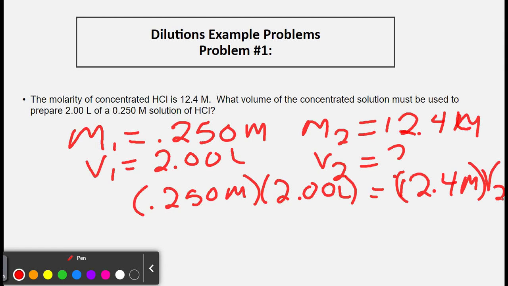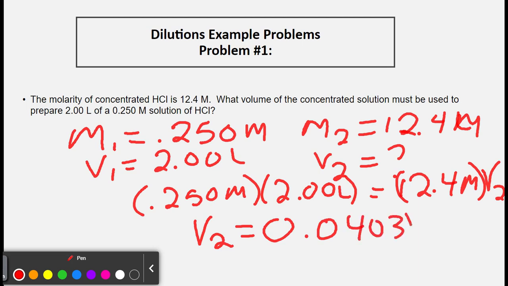All right, so V2 is going to equal, I'm going to multiply 0.250 times 2, divide that by 12.4, and if I did my math correctly, I'm going to get 0.0403 liters is the amount of 12.4 molar solution I'm going to need.